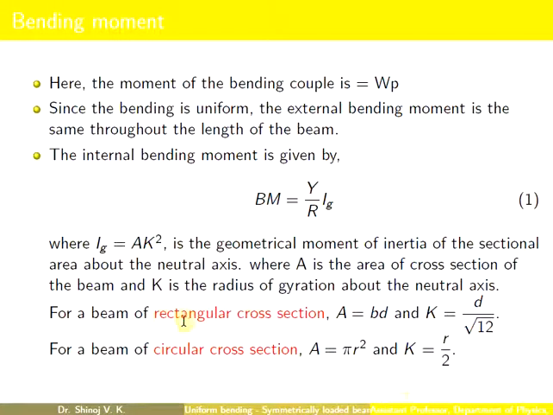We already discussed all these things, and for a beam of rectangular cross section, where B is the breadth and D is the thickness, A is equal to B into D and k is equal to D by square root of 12. So Ig will be equal to B D cubed by 12. Similarly, for a beam of circular cross section, A is equal to pi r squared and k is equal to r by 2, so that Ig will be pi r raised to 4 by 4. We'll be using the same expressions here.